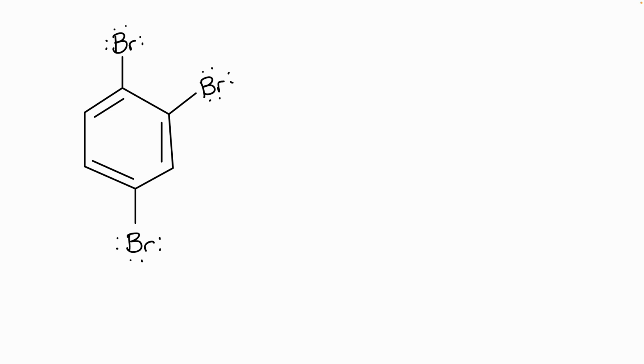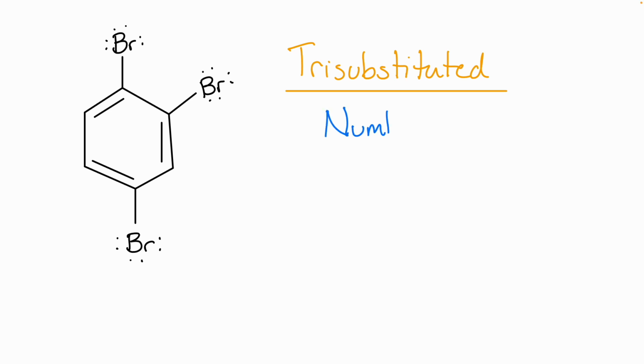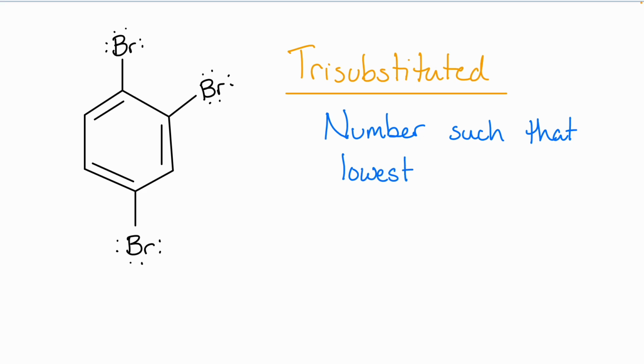Trick question, all right, absolutely not, because the ortho, meta, para designates how far apart 2 substituents are. You just simply cannot use it if there are 3 or more on that ring, okay? So instead, what we're going to have to do for our tri-substituted rings is use our normal old ring numbering. And just as always, we want to number such that we have the lowest possible numbers in our name.